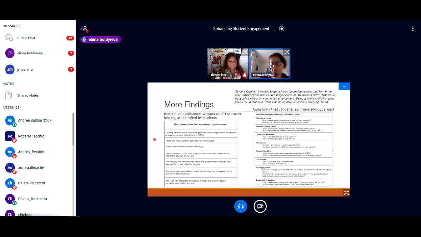This is the main problem: students graduate and they don't know what careers exist. Students said they may now consider a career in biology, or they would like to narrow their interest to choices of careers, or these activities inform them about the qualifications and skills required to go into different careers, or show them different ways that biology can be applied in the real world and industries.